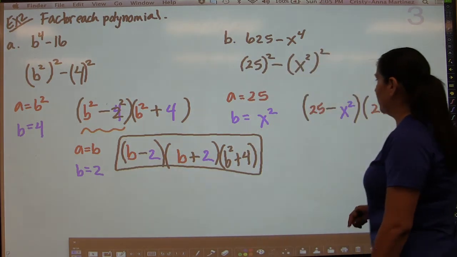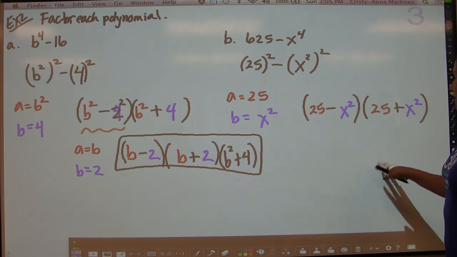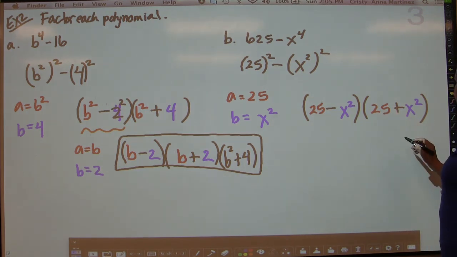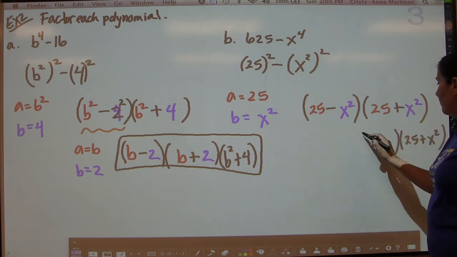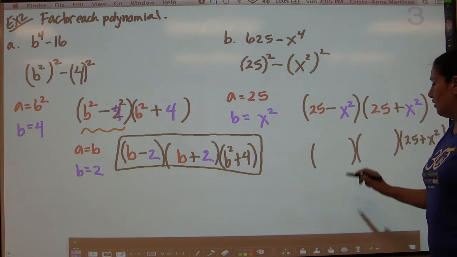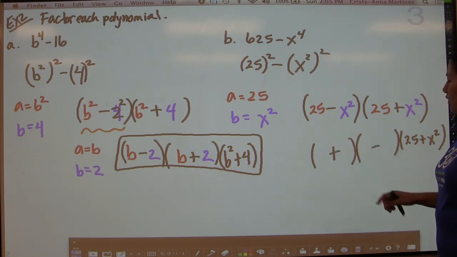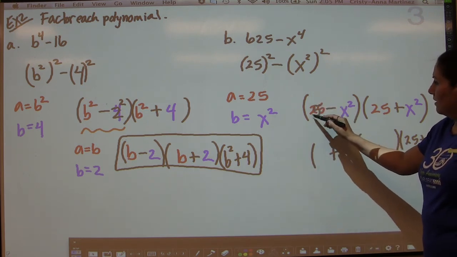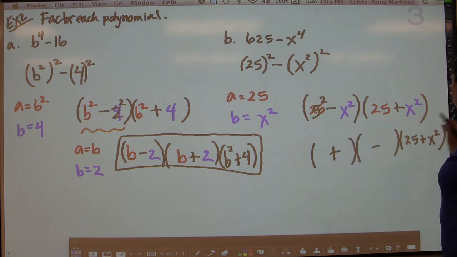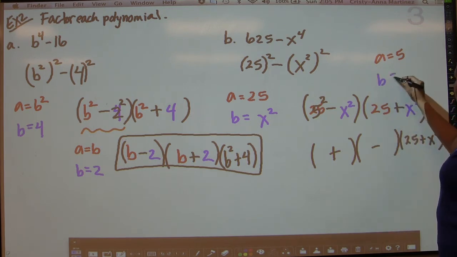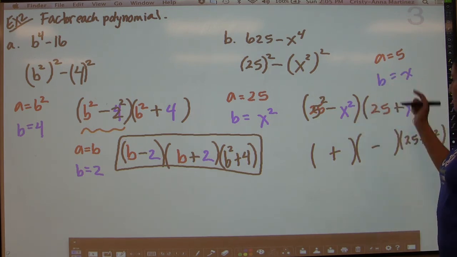And so a similar thing is happening over here in part B, because again you've got 25 plus x squared, and that's just going to stay 25 plus x squared. But we also have another scenario where you have a squared minus b squared. So this time, a is 5, because 5 squared is 25, and b is x, because b squared is going to be x squared.